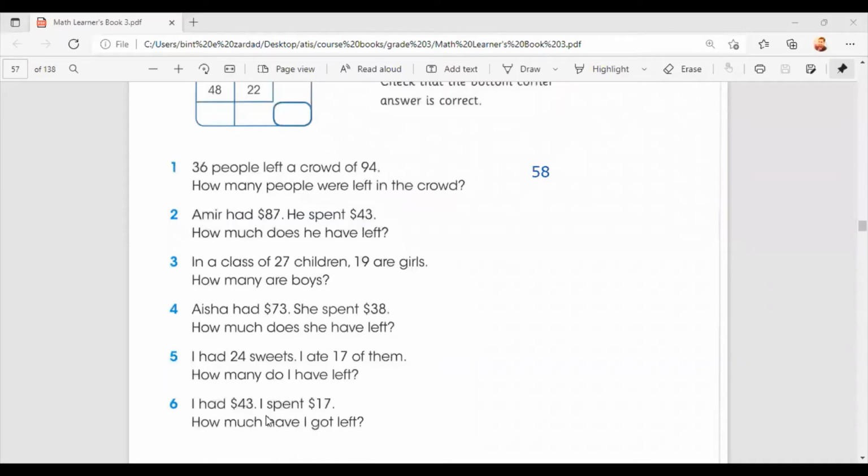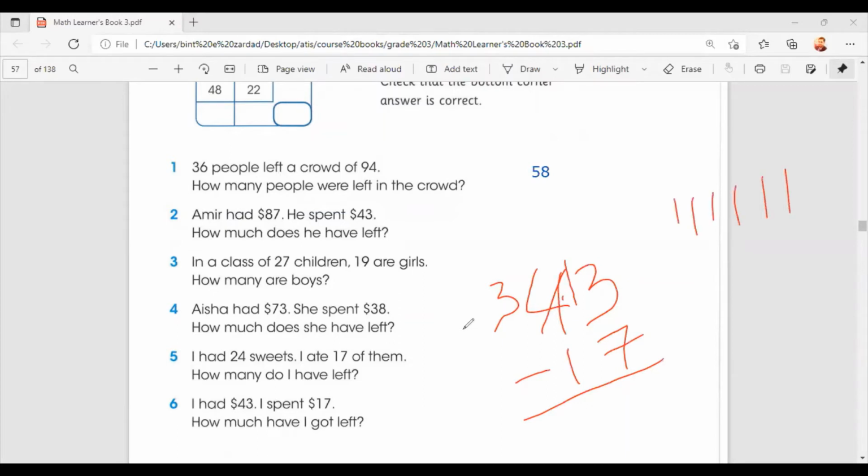So I had $50. I spent 17. How much have I got left? So let us solve it. 50, the big amount should be up, minus 17. When we are doing minus, 0 minus 7 is not possible. Take 1 from here, so here remaining 4 and 10. 10 minus 7: after 7, 8, 9, 10, it's 3.